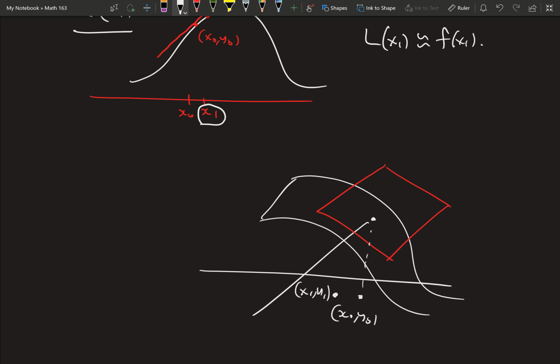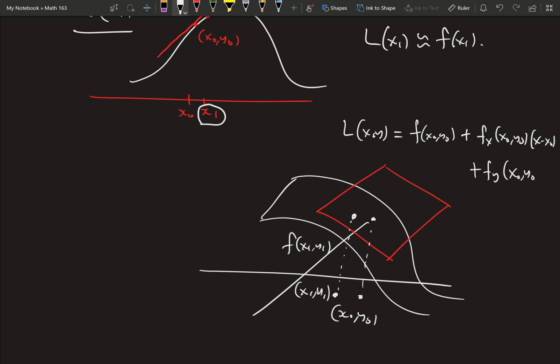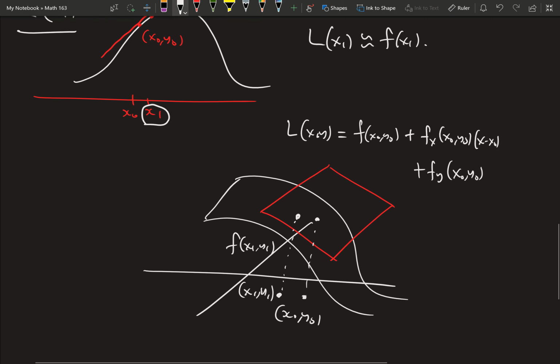well, we have two options now. We can get the exact value, which is f of x1, y1, or we can take the equation of the tangent plane, and let's call it L of x, y. So remember, L of x, y here is f of x0, y0 plus fx at x0, y0 times x minus x naught plus fy times y minus y naught.